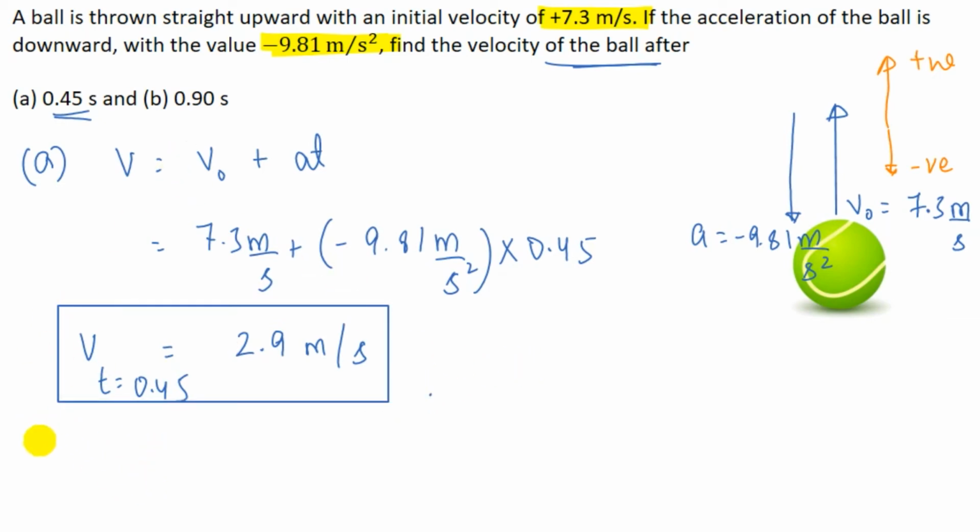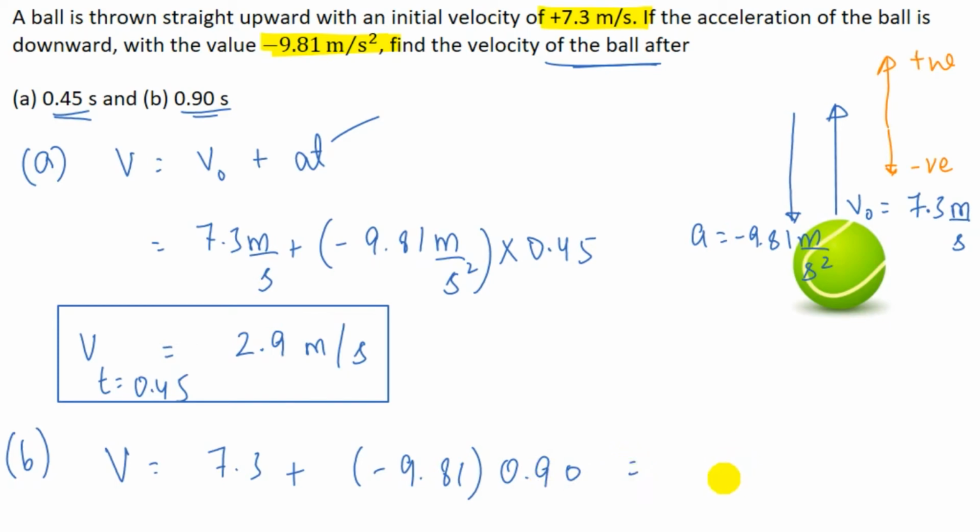In a similar fashion, we can calculate the velocity after 0.90 second. Same thing we're going to do, just we can replace this t with 0.90. This would be v equals v naught, which is 7.3, plus minus 9.81 times 0.90.